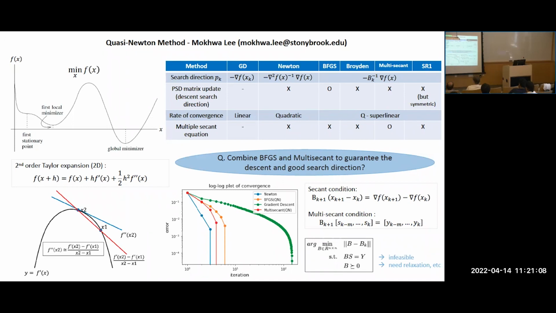However, it should be symmetric. If we multiply S in front of the Y, it does not necessarily be symmetric. So actually, this problem is infeasible. So at this point, we have to use relaxation techniques or positive semi-definite programming to find the feasible set to get the approximation.